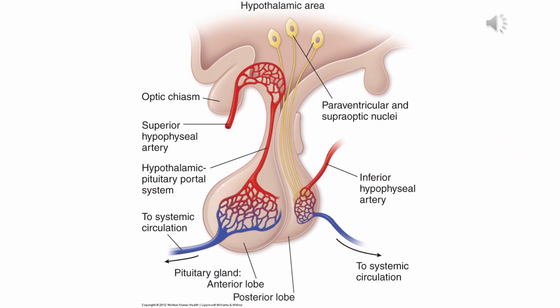Hormone number 3 from the hypothalamus, traveling by way of the portal system, TRH, thyrotropin releasing hormone. So these travel to the adenohypophysis and bind upon cells there, which are called thyrotropes.